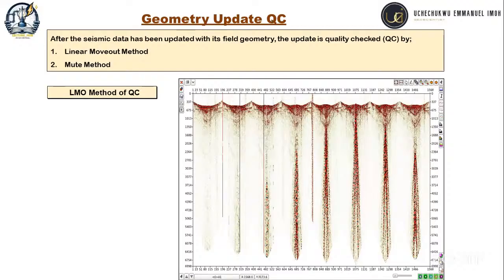So what you're using in Niger Delta may not flatten your gathers if you have data from Anambra Basin or any of the older sedimentary basins in Nigeria. For the Niger Delta, most times when you do linear move out application, you may be using velocities of about 1,900 to 2,000 meters per second, and you get your gathers flattened out and you know you did the job right.